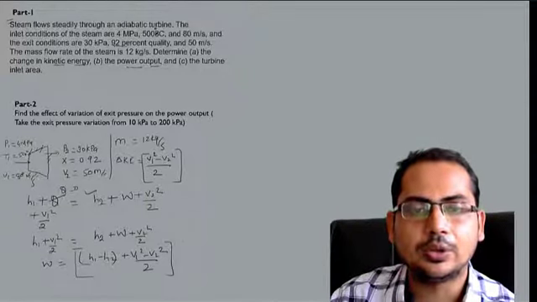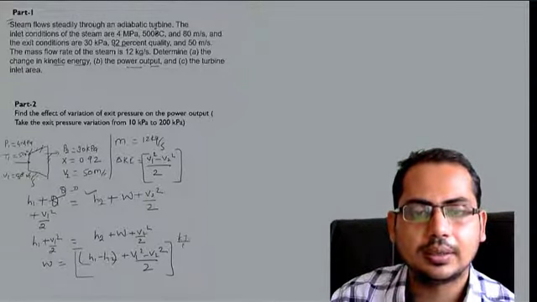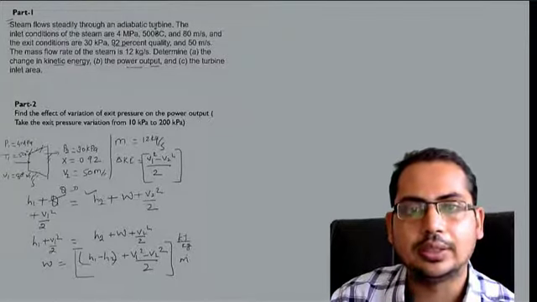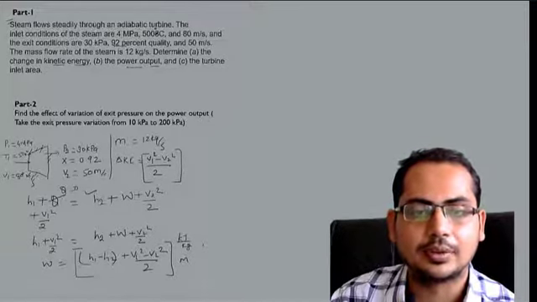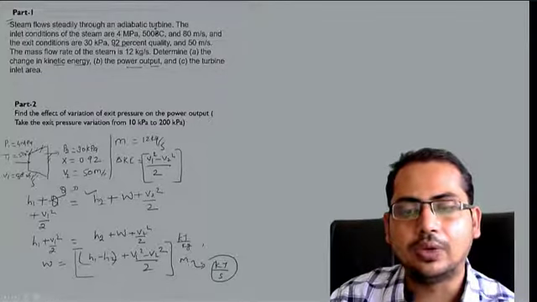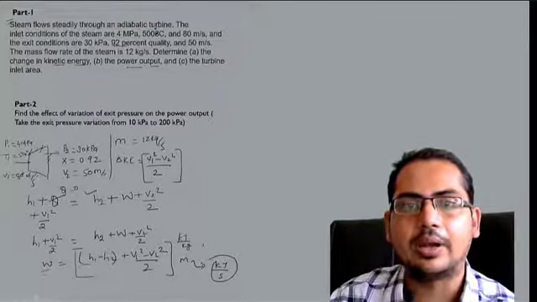This will be in kilojoule per kg, so you need to multiply with the mass flow rate to get the result in kilojoule per second. That's how you can calculate the power output.